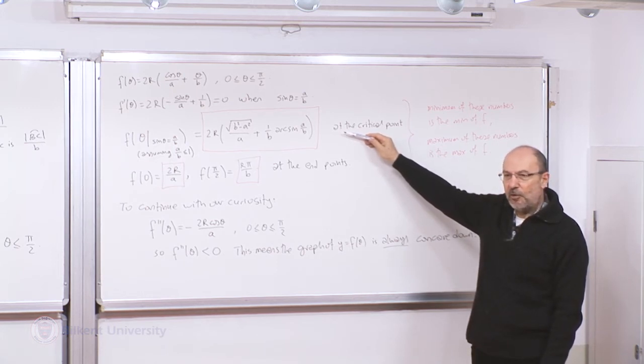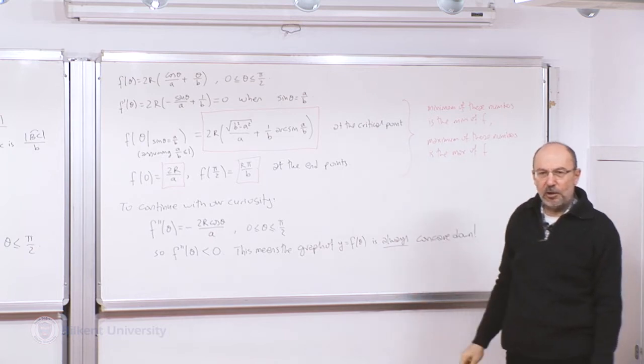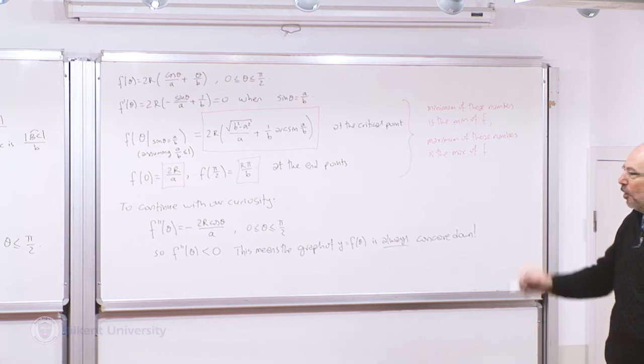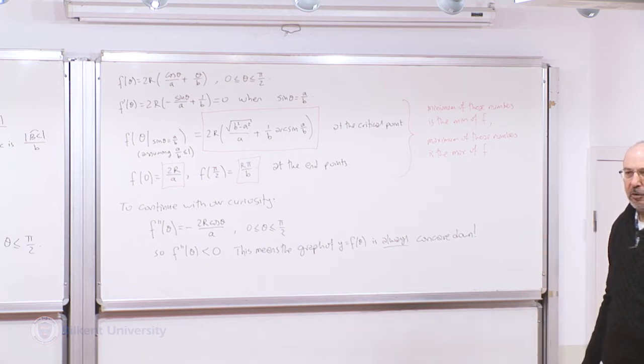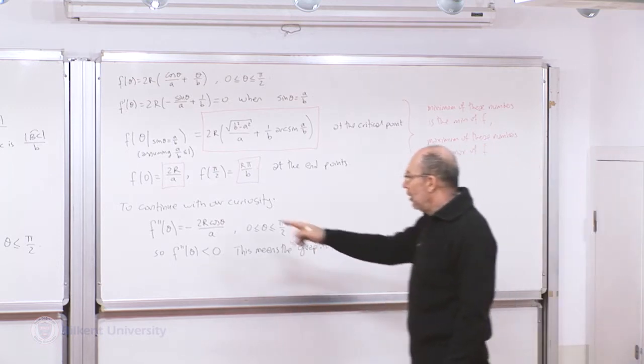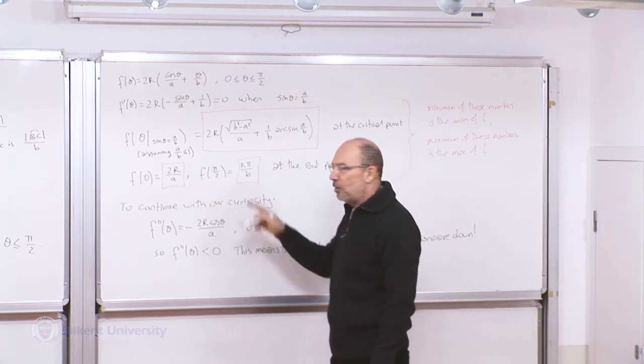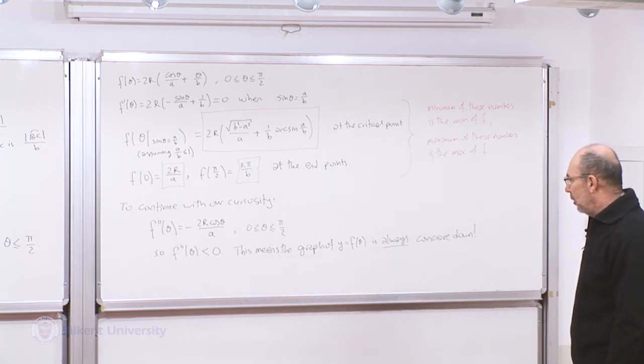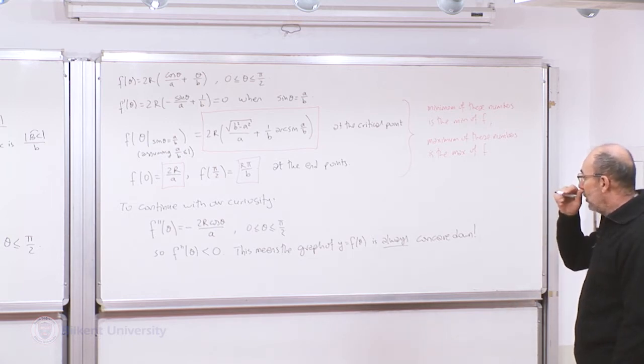So if you want to take the longest time to reach from A to B under these restrictions, then you have to swim to B first and then run from B to A. That's the longest time. The shortest time will be at the end points. So either this is small or this is small. So the graph of this will give you the maximum point at the critical point.